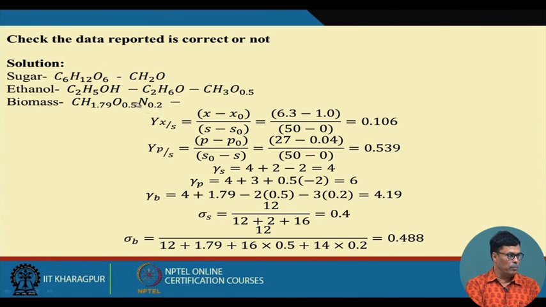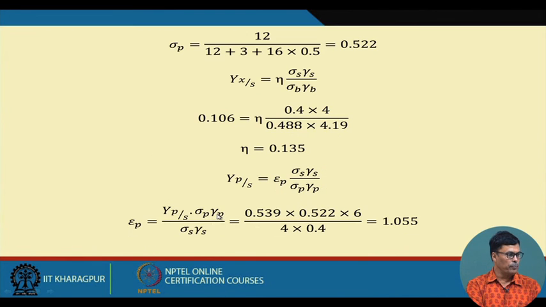Now from this empirical formula we can find out gamma S, gamma B and gamma P. At the same time we can calculate sigma S, sigma B and sigma P, and if you know that, then we can find out yx by S equal to eta, sigma S, gamma S, sigma B and gamma P. So we can put in these values and find the value of eta, and similarly, since we know yP by S, we can find the value of epsilon.